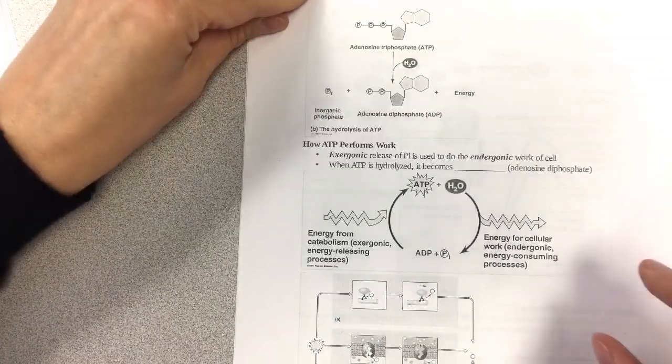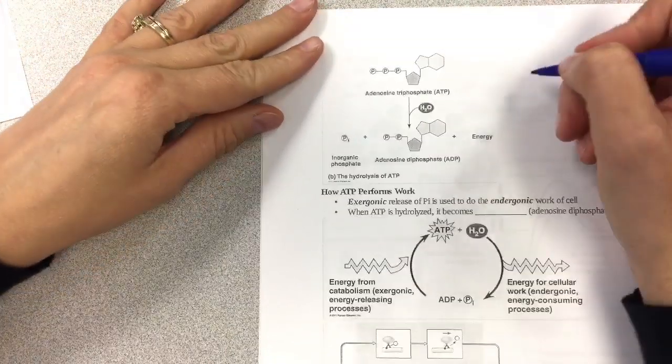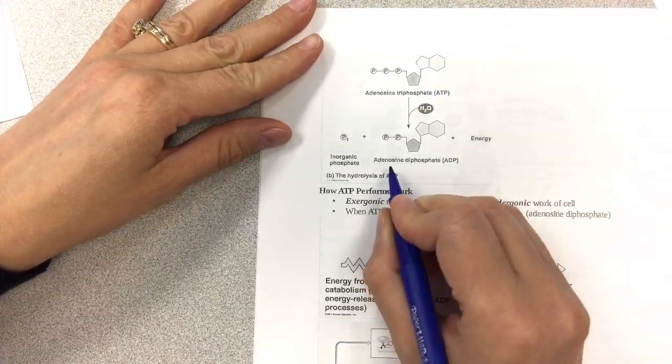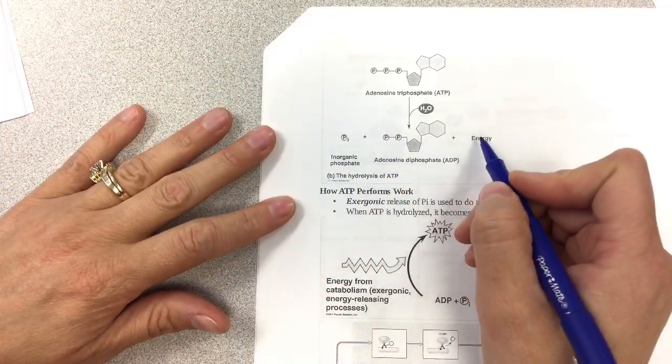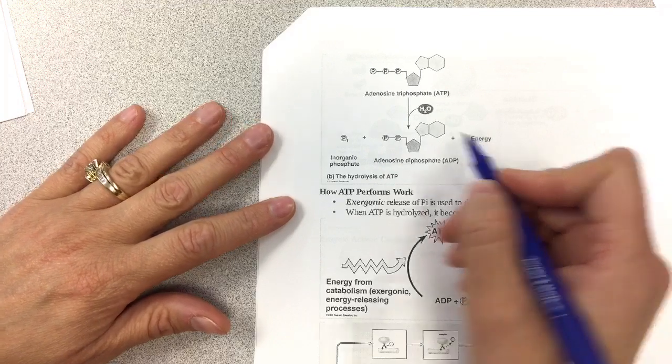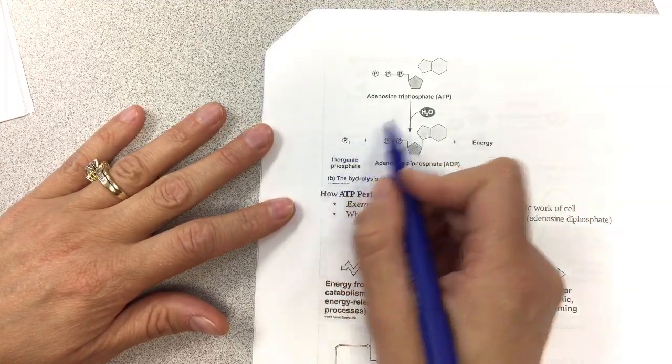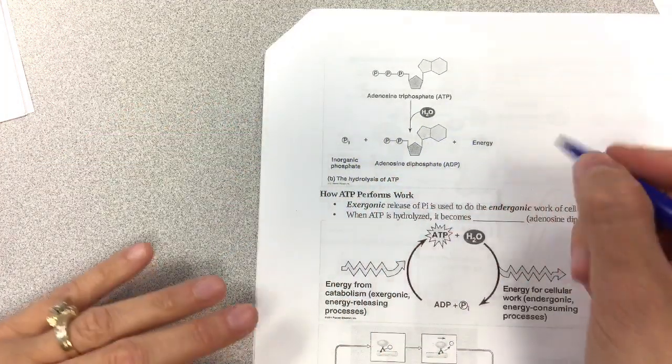And so the energy is released. Okay, so let's look at that. This is ATP being broken down into ADP and an inorganic phosphate, just like we just drew here, and that process releases energy.